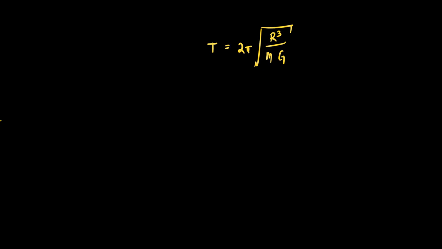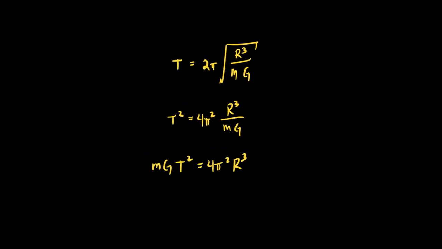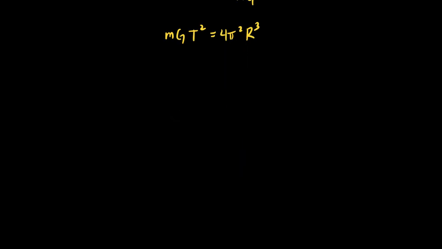Square both sides, and multiply by MG. And then prepare for a short story. I always stay late. Where am I going? This is one of Kepler's laws.